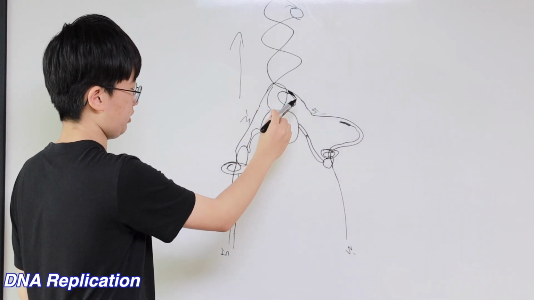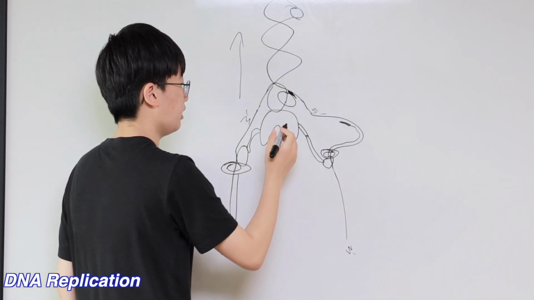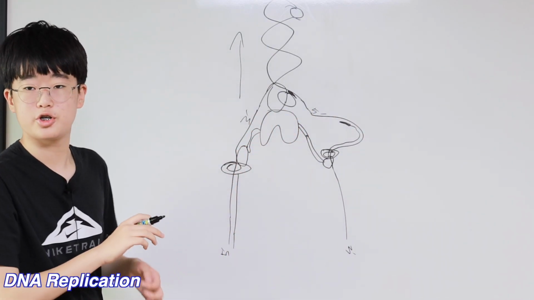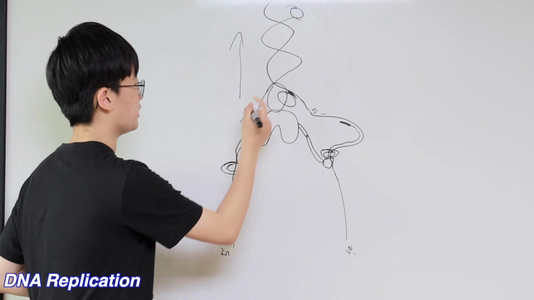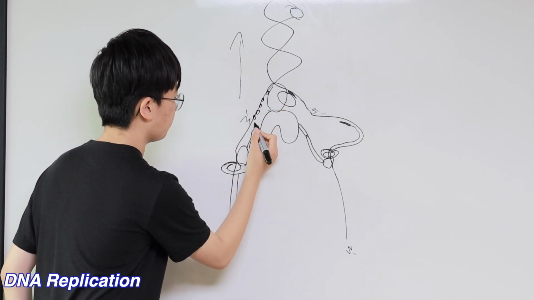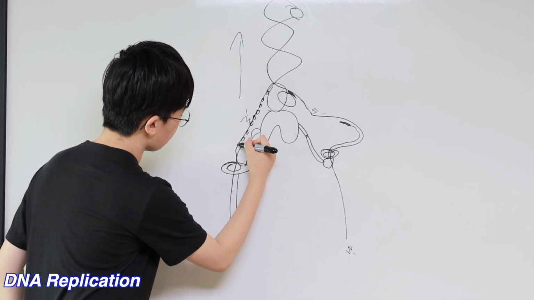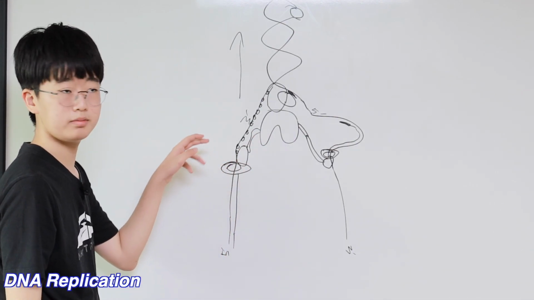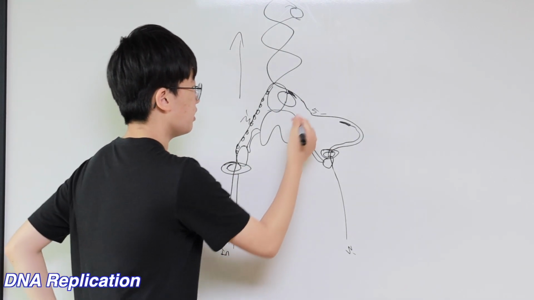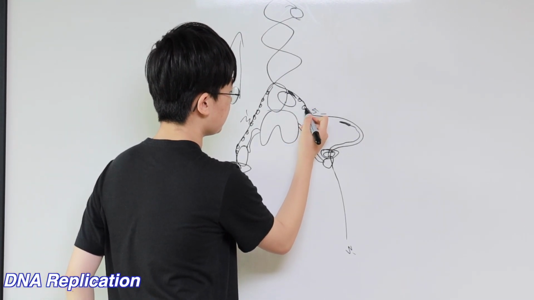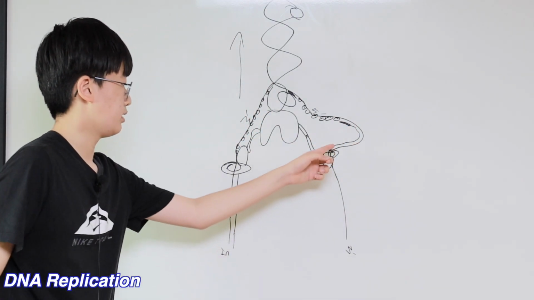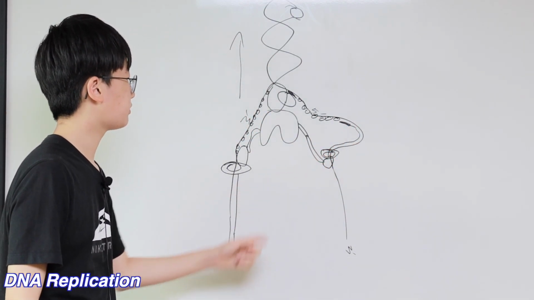So let me draw here another primer, and the single stranded DNA binding proteins are like that on every nucleic acid before the DNA polymerases do their jobs. You can basically say that they're everywhere.